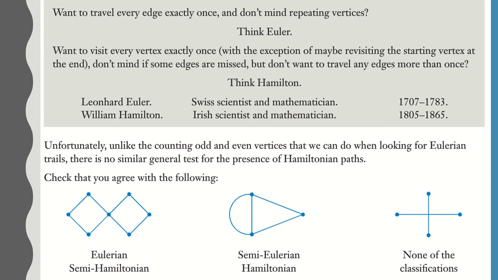Now let's look at this example. The reason why this is semi-Eulerian is because, as you'll see, we're going to start and finish at different vertices, having gone through all edges. So we'll start at this point here. I'll give you a heads up: if it's semi-Eulerian, chances are you're going to start on an odd vertex. So you can see here this has three edges coming into it, and this one has three edges coming into it as well. So we're probably going to finish on this one.